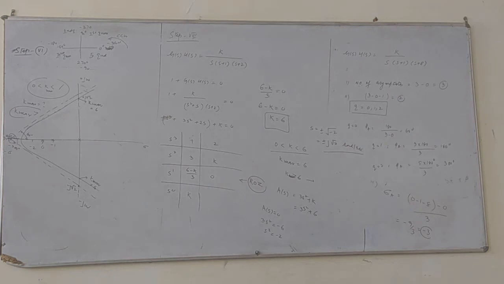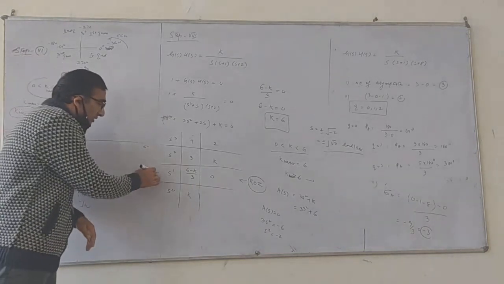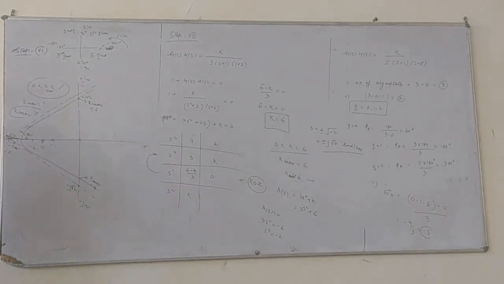Once you have got the row of 0, get K marginal for the stability, and for the roots, you can substitute. The auxiliary equation is always above it, as we have seen already. Substitute that auxiliary equation equal to 0. We get two values, and those two values are the points where the root locus will intersect the imaginary axis.